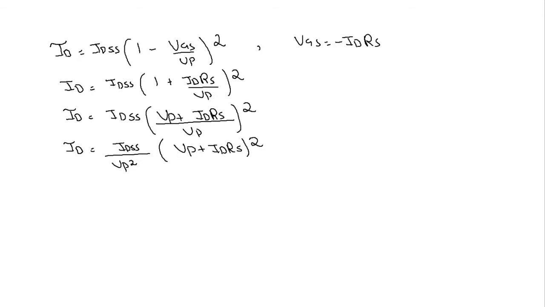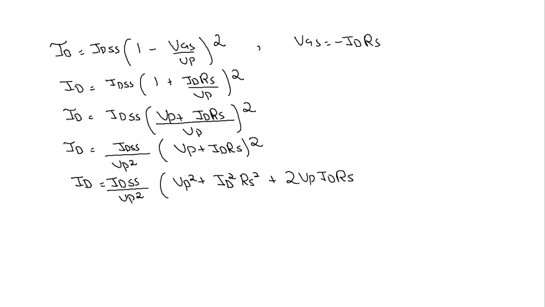So let me apply the formula a plus b whole square to this equation, and we are going to have ID is equal to IDSS divided by VP whole square. Now we have a square plus b square plus 2ab. So now we have this equation here, and now I can multiply this with this thing. So let me multiply it. We will get ID is equal to, and VP whole square and VP whole square is going to cancel out in the first case.